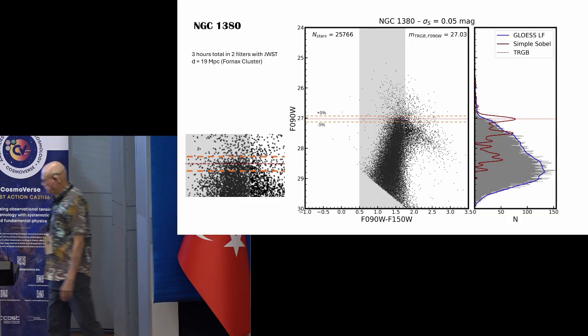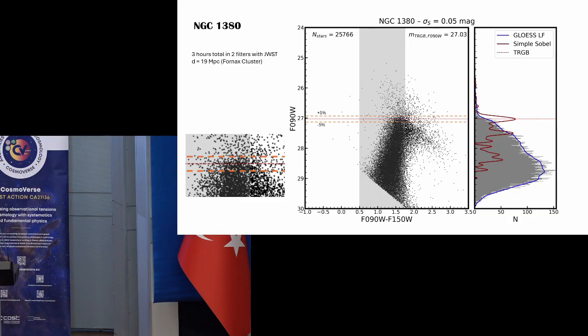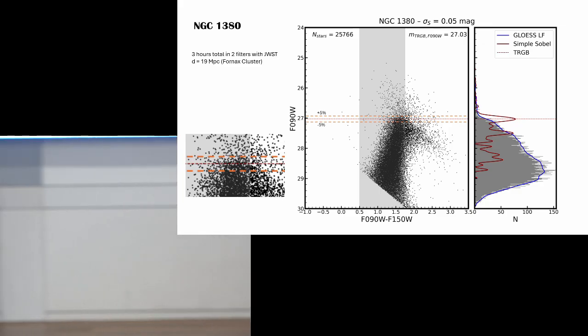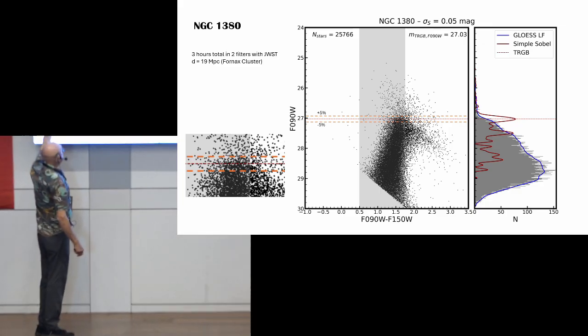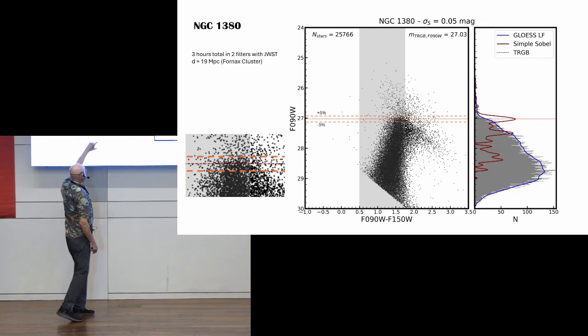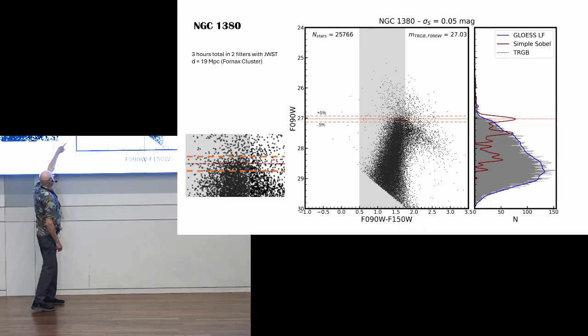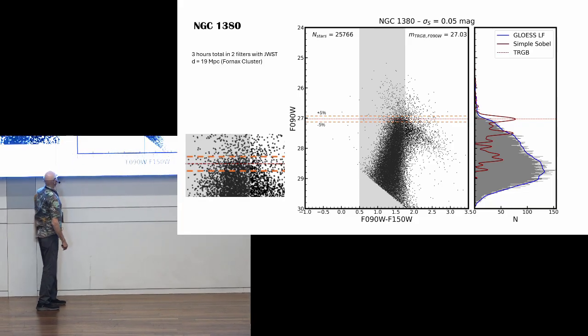I want to show, if I walk over here, and this, if I'm looking at the tip here, this is a plus and minus. These intervals here are 10% in distance. That's a 10% distance.